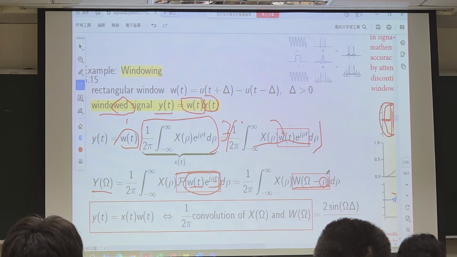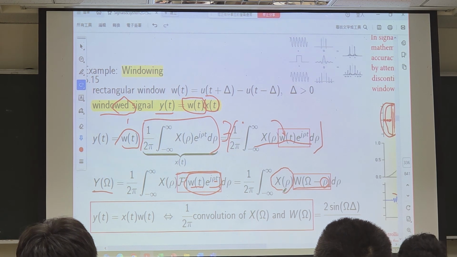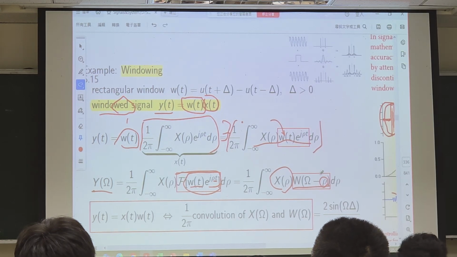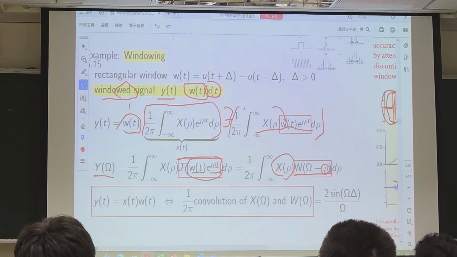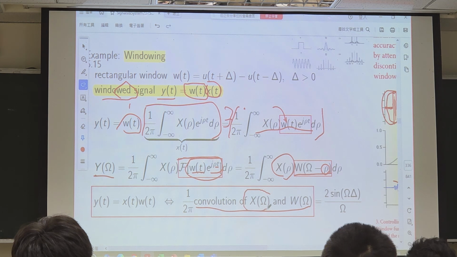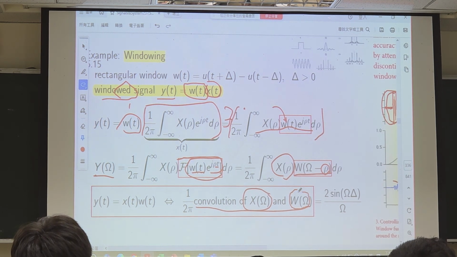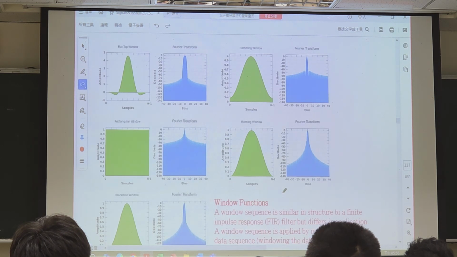So indeed, the frequency response of y, the windowed signal, is actually a convolution of the frequency response of the original signal X and the window W. So y was x times W. The Fourier transform will be equal to 1 over 2 pi times the convolution of X and W.